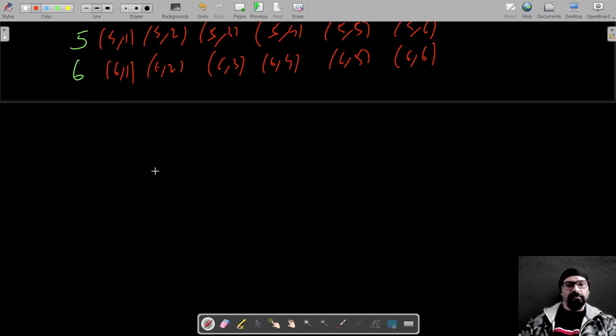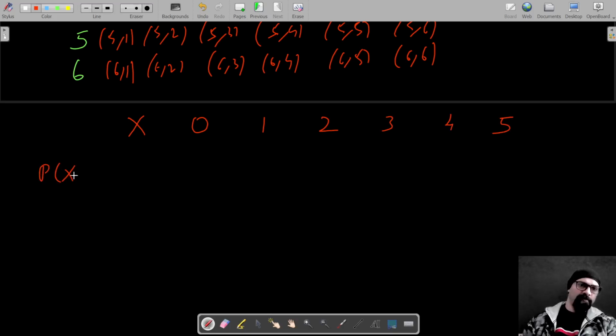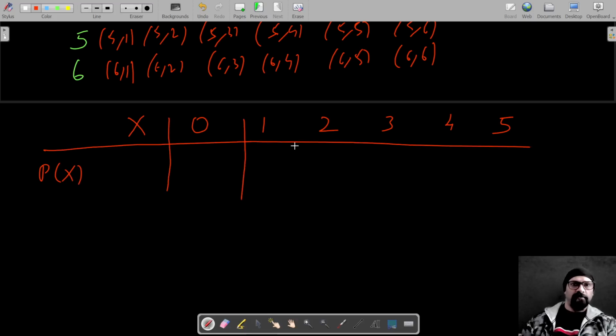Okay, now it's given that x denotes the absolute difference of the numbers appearing on the top of the dice. So x has the possible outcomes 0, 1, 2, 3, 4, and 5, and we have to find the probability of x. So let's find out the respective probabilities.